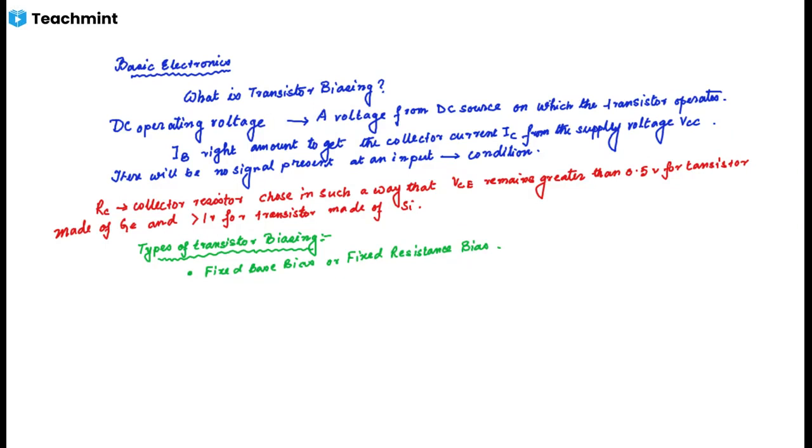Number two is collector feedback bias. Number three is dual feedback bias.